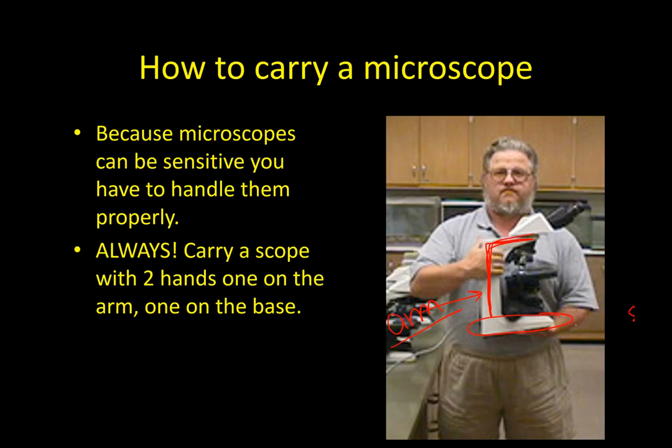So let me do that. It's always a two-handed kind of thing. If you don't and you trip or you lose your balance, the chance of you dropping that scope is really high. Now, depending on the scopes, they can range anywhere from $5,000 to $15,000. So when we talk about you carrying these things, you're careful.